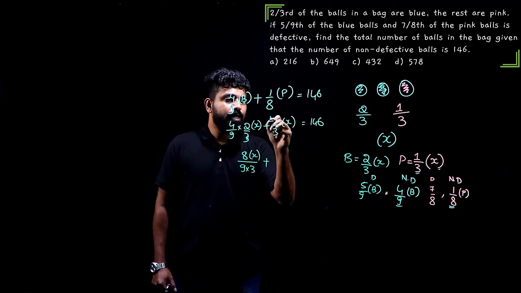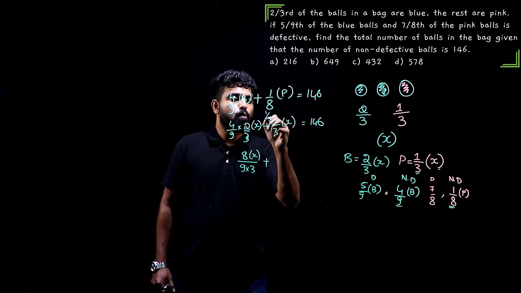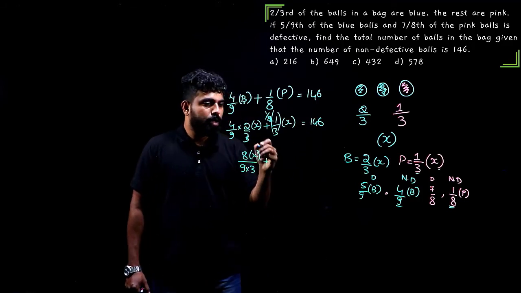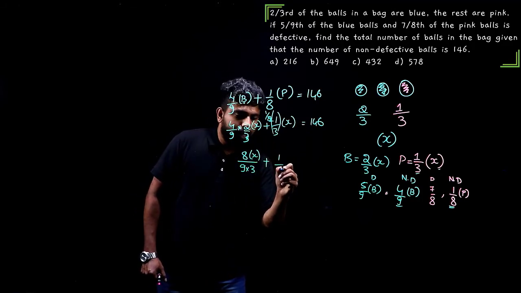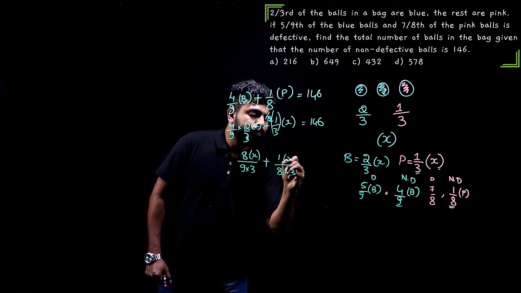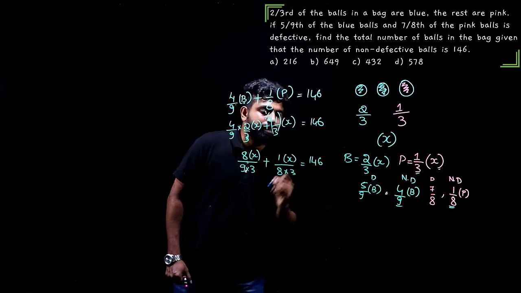I'm sorry, here I should have written 1/8 of 1/3 of x, which is nothing but 1/8 into 3 of x, which will be equal to 146 here.